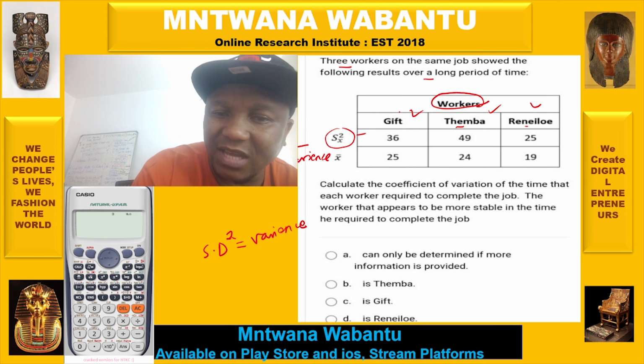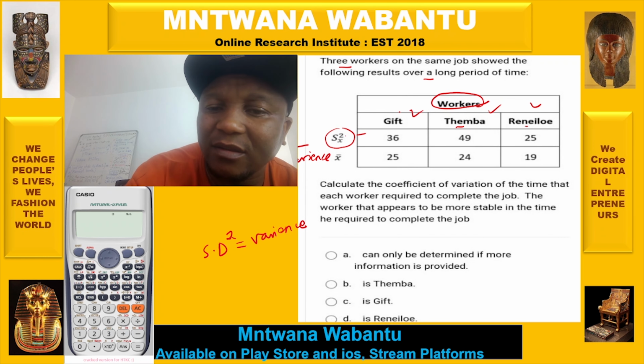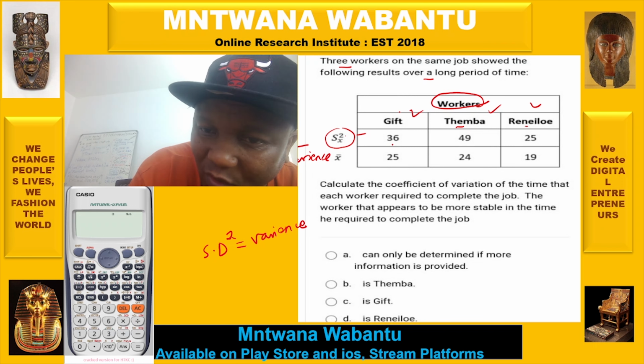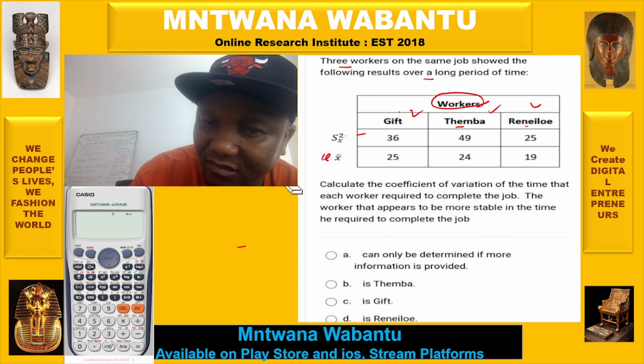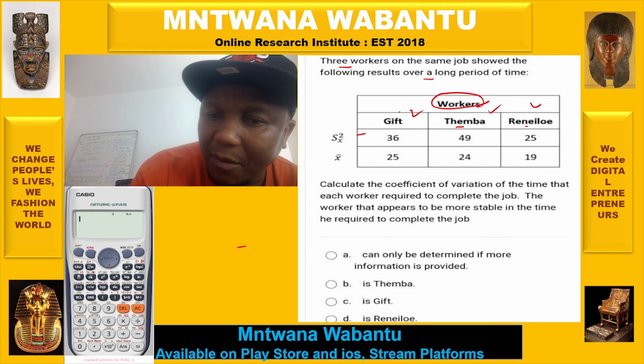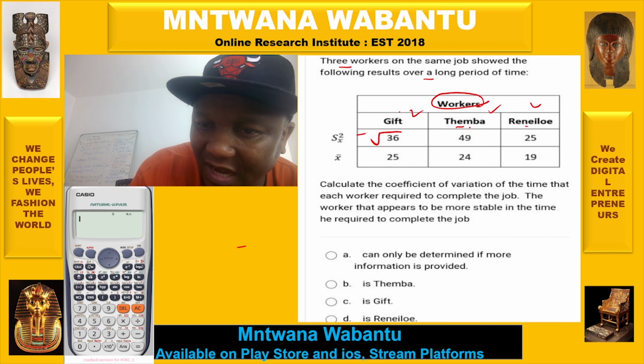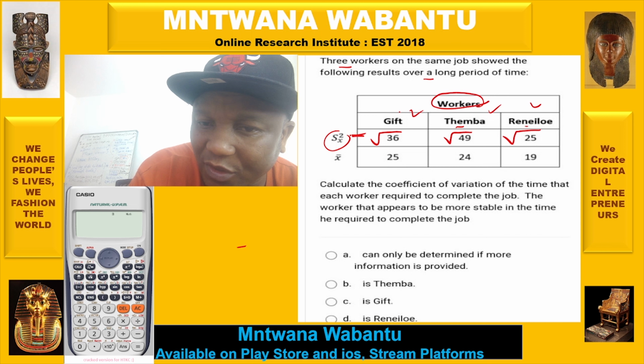So this is a variance. For us to get standard deviation now from variance, we have to square root this, and square root this, and square root this. All these rows are standard deviation.